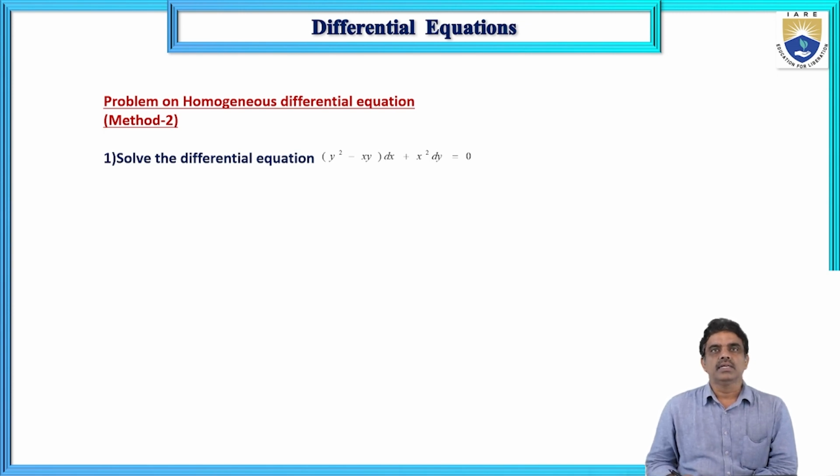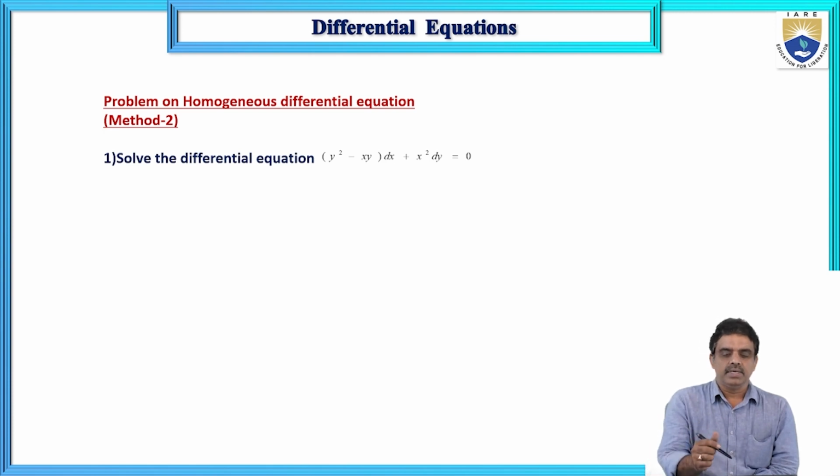Clearly you can observe that it is a homogeneous differential equation because in each term of the given equation the degree is same, which is equal to 2. So y square is degree 2, and x into y is also degree 2, dx plus x square into dy is equal to 0. All are having degree 2, so it is a homogeneous differential equation.